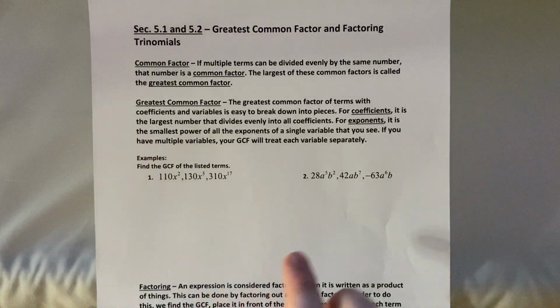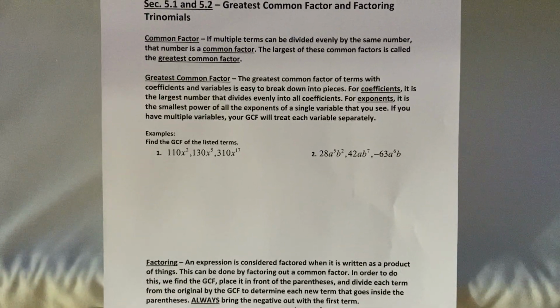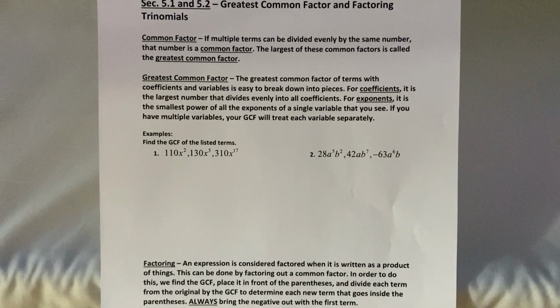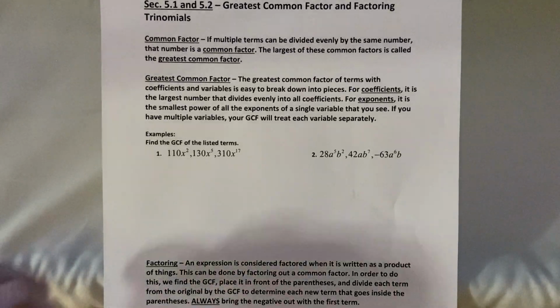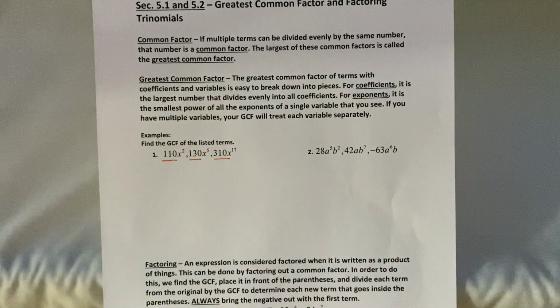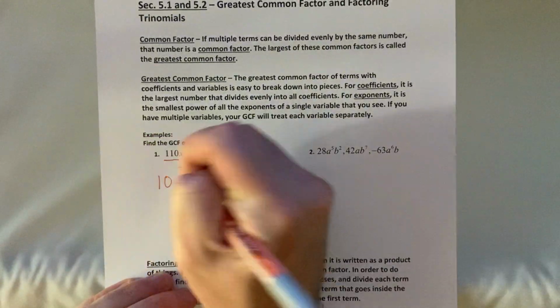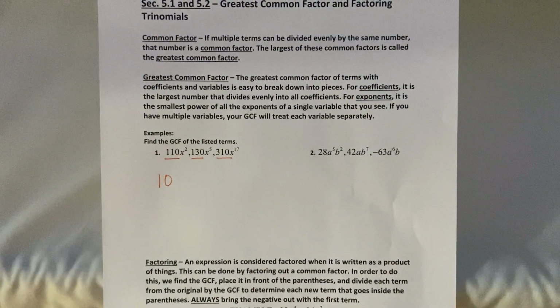So if we look at number 1, 110x squared, 130x to the 5th, and 310x to the 17th. What number divides evenly into all three of these numbers? 10. So that is the greatest common factor of our coefficients.